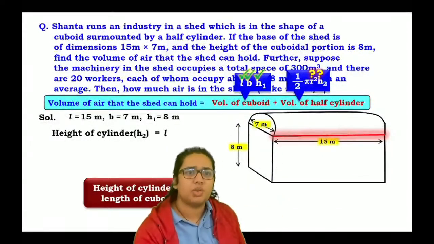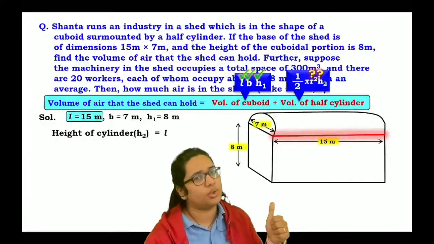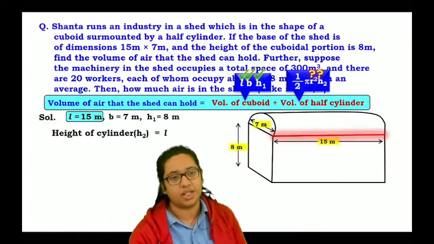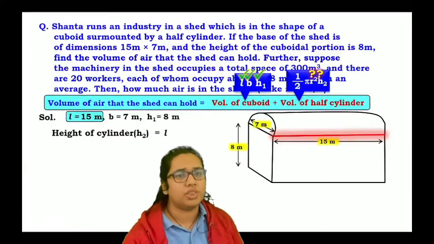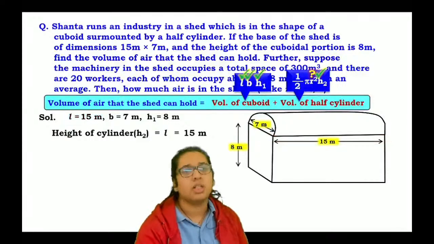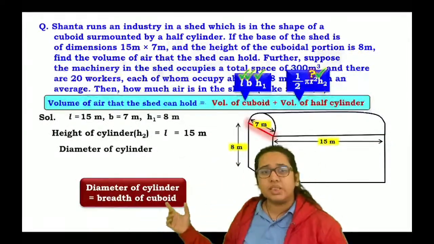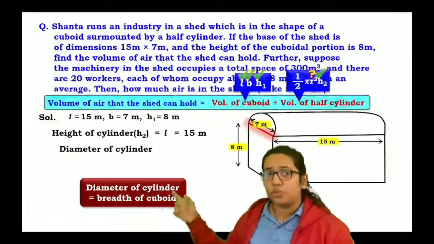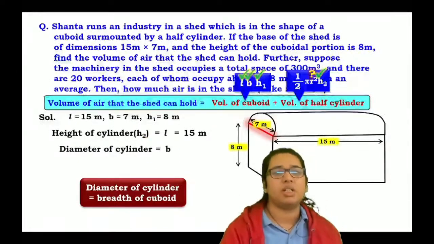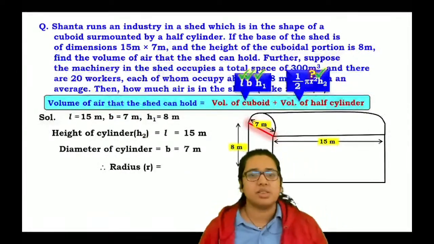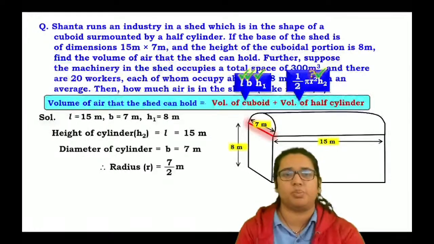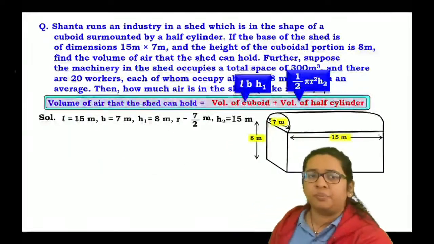So if diameter will be 7 meter, then obviously you can find out what should be its radius, right? See, height of the cylinder is nothing but L, which will be 15 meter. Diameter of the cylinder is nothing but breadth of the cuboid, which is given as 7 meter. As diameter of the cylinder is 7 meter, hence radius will be 3.5 meter.